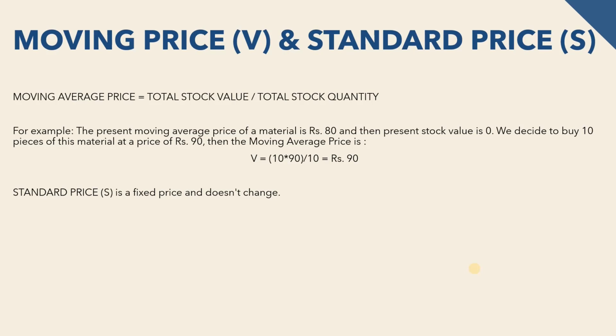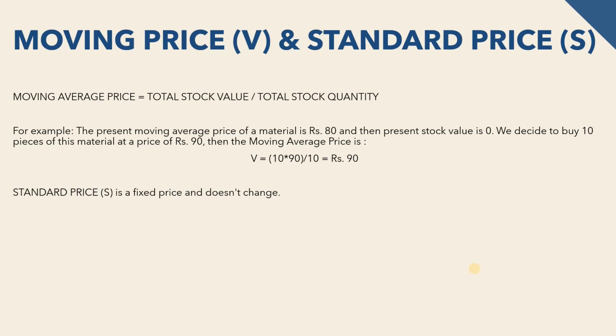So you can see I have given you an example here. The present moving average price of the material is 80 rupees, and the present stock value is 0. But now we have decided to buy 10 pieces of this material at a price of 90 rupees. Then the moving average price is going to be 10 into 90, which is 900, divided by total stock quantity, which is 10. So now the moving average price is going to be 90 rupees. So think that it's dynamic in nature.